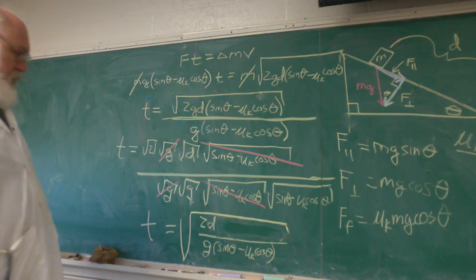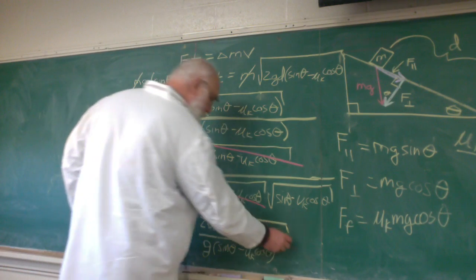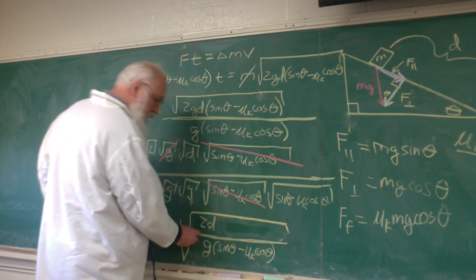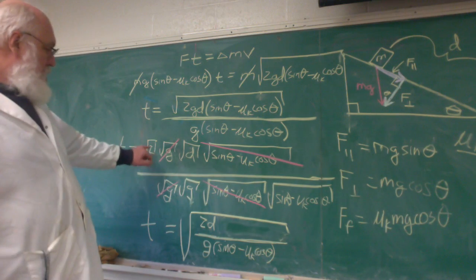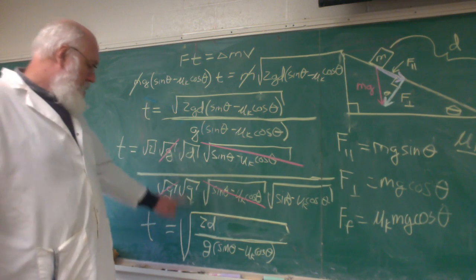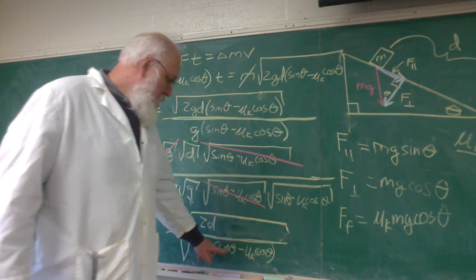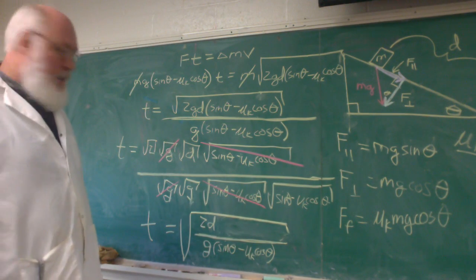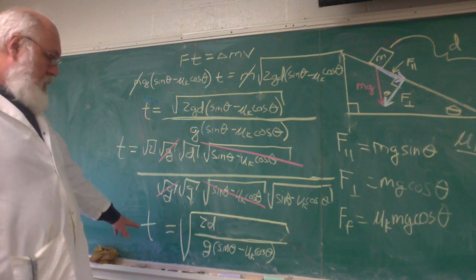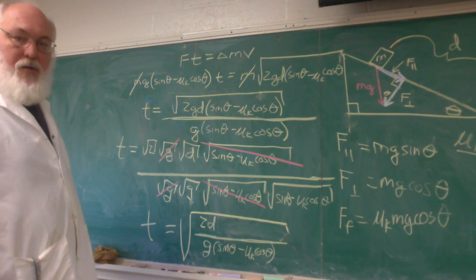So that's a big square root over the whole thing, and that's a fraction inside: 2d on top, and the g times the quantity on the bottom. That should do it. That would be the time it takes to go down the incline.